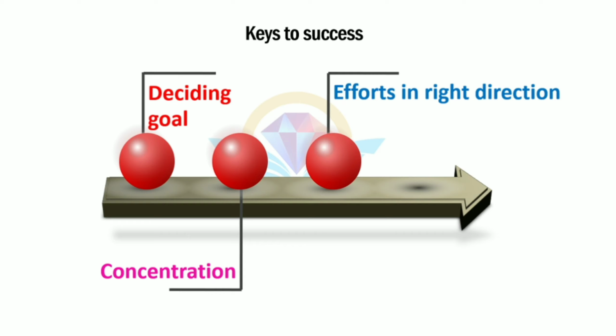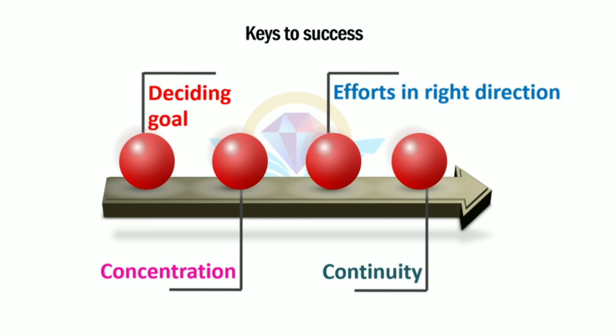Lots of students say, I do study, but they do not get their expected output because their efforts was in wrong direction. Therefore, your right direction is much important. Next key is continuity.